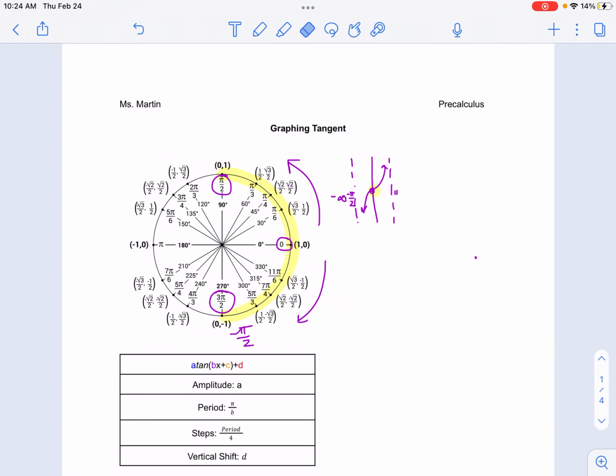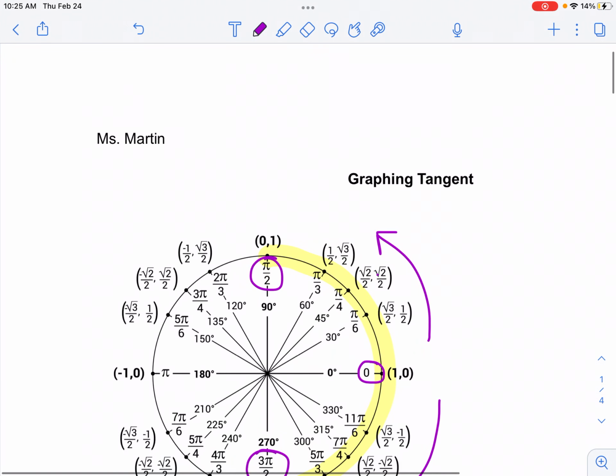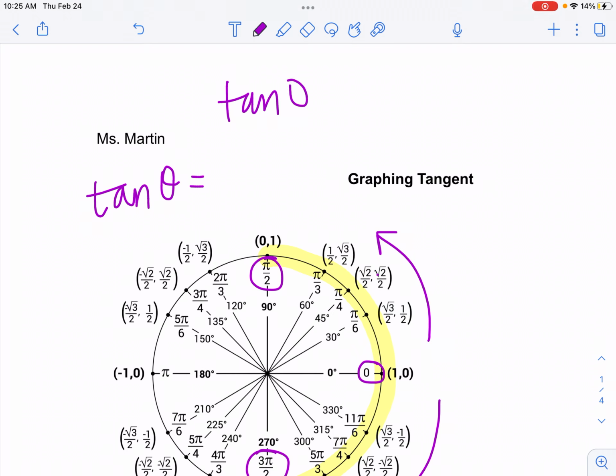So keeping that in mind, we're going to look at the special points that we'll use to plot tangent. And before we do, we want to think about, how do we actually find a tangent value on the graph? Like if I say, find me tangent of 0, how would you find what tangent of 0 is?